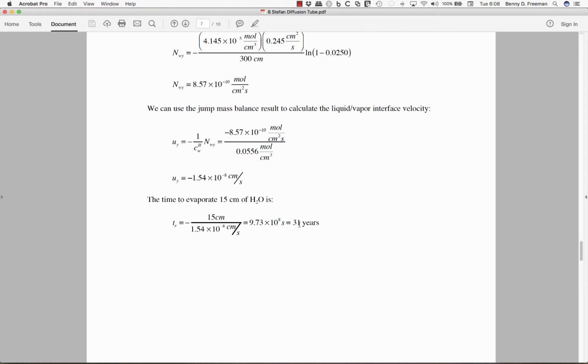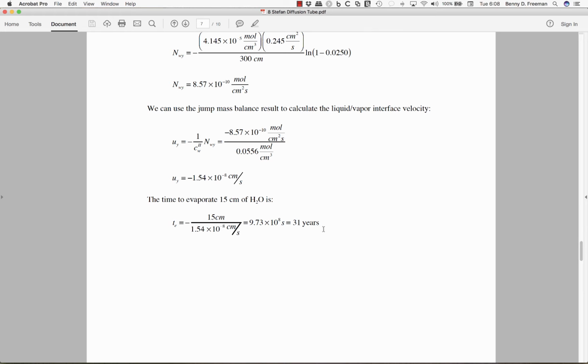And so this is the proper time to compare that 4.25 days to that we calculated earlier, which was the time to establish the steady state concentration profile in the gas phase, on the order of 4 days. The time to evaporate the water just by diffusion out of this tube is on the order of decades.